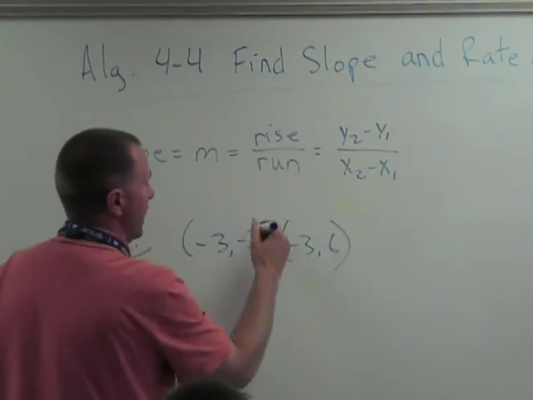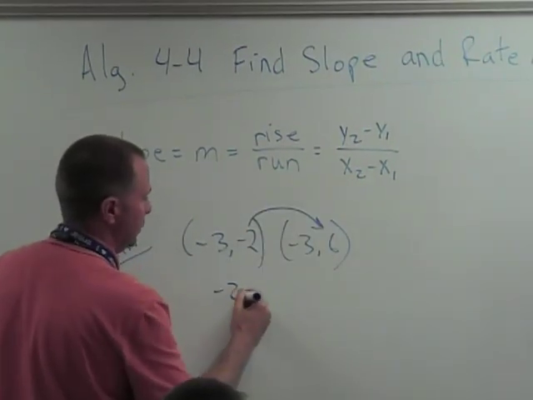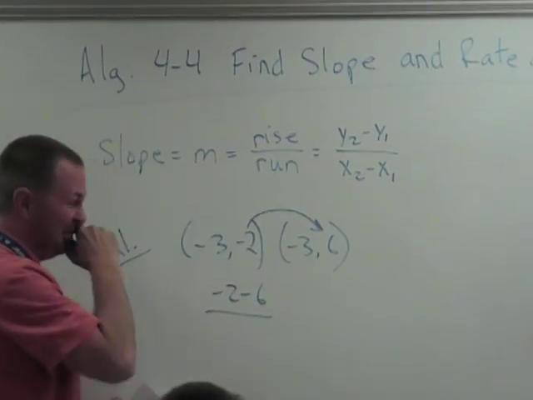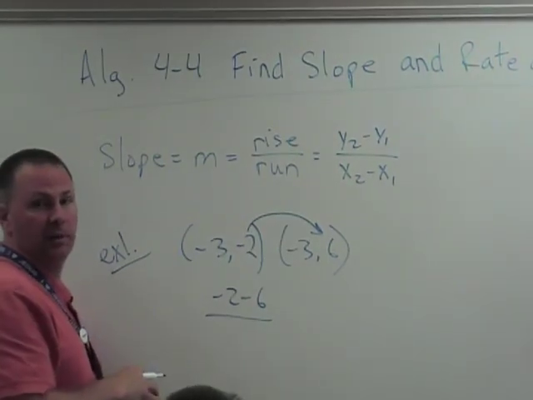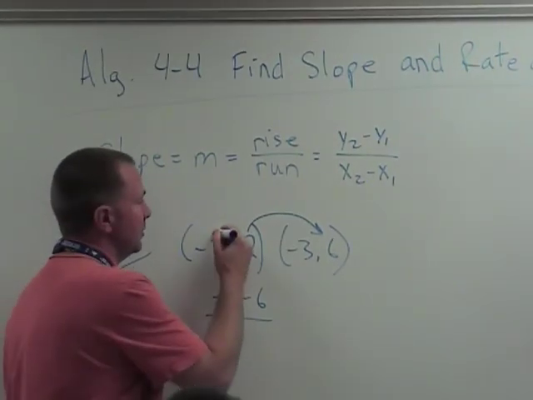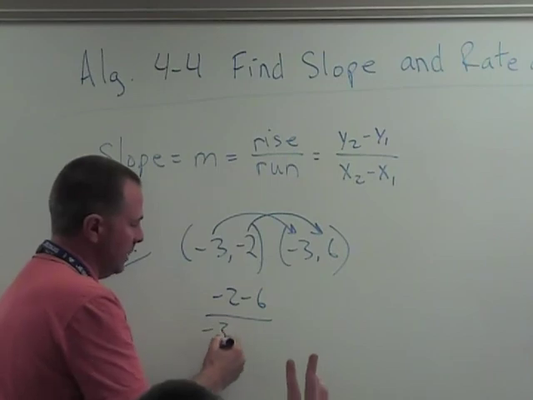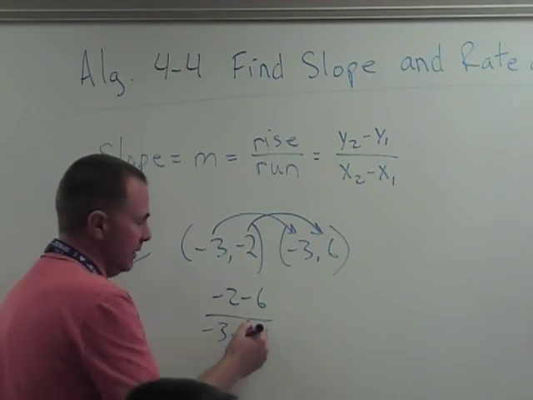So, subtract the y coordinates. Negative 2 minus 6. Your y's go on top. And then subtract the x's. Negative 3 minus a negative 3.